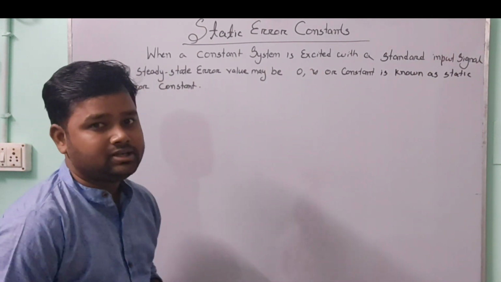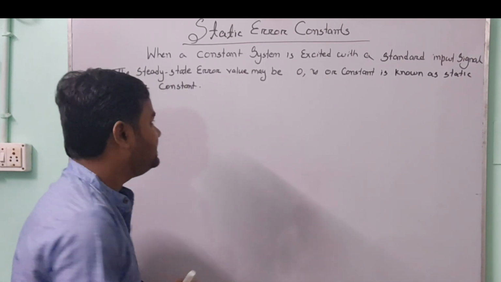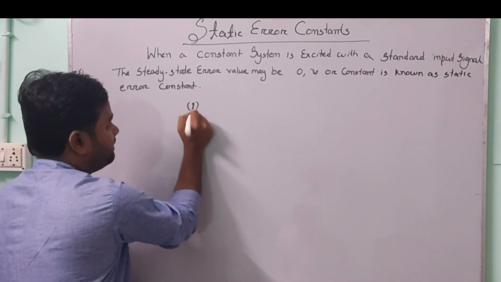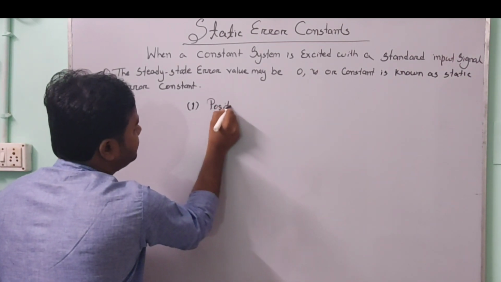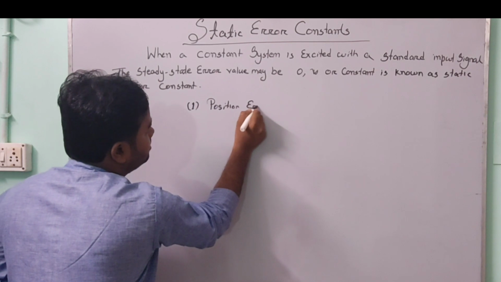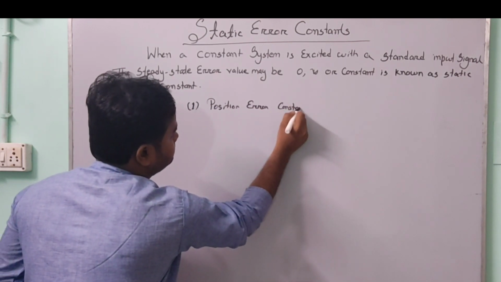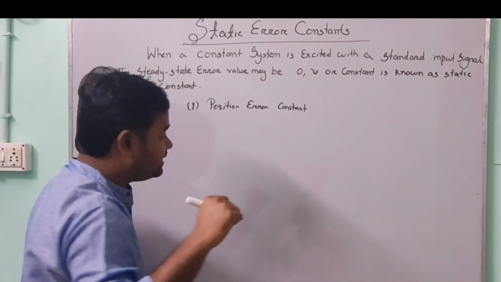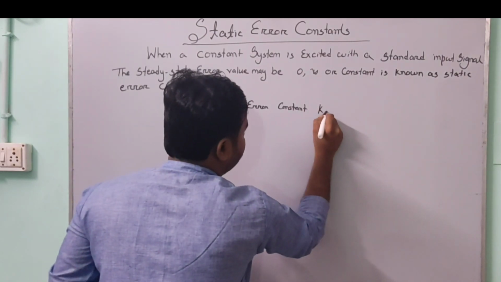Now we know that we have three types of static error constant. First one is position error constant. It is denoted by Kp.